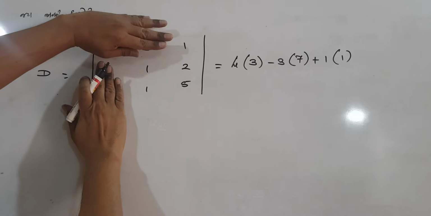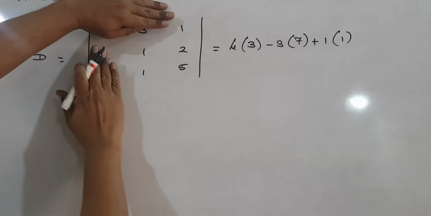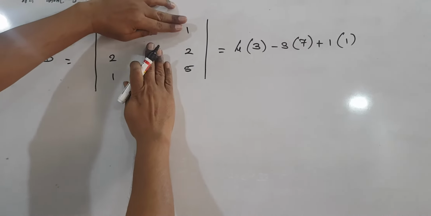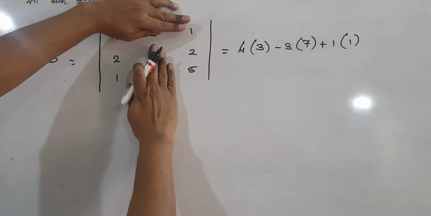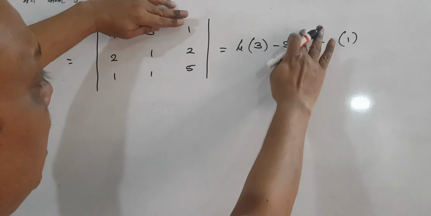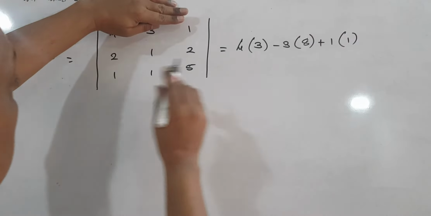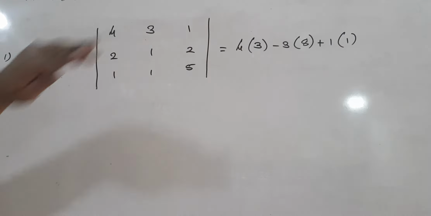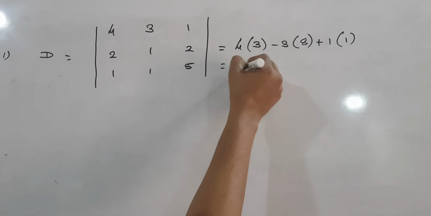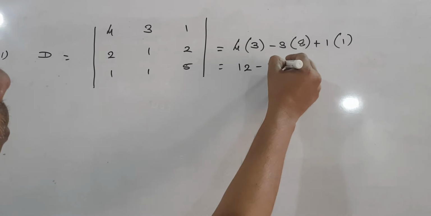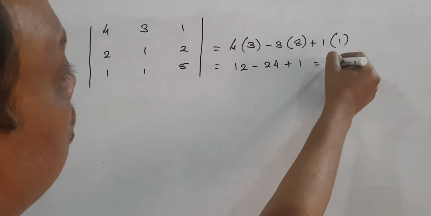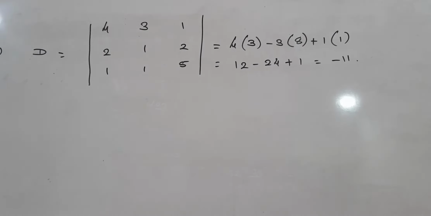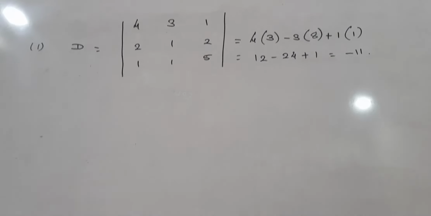Again, 4 into 5 minus 2 is 3. Minus 3 into 10 minus 2 is 8. Sorry, a mistake: 10 minus 2 is 8, and 1 into 2 minus 1 is 1. So it is 12 minus 24 plus 1. So it is what? Minus 11. Forget about that, we will use it later on.